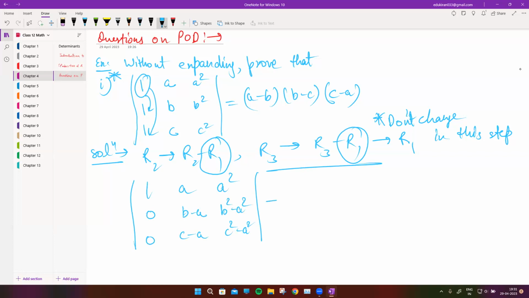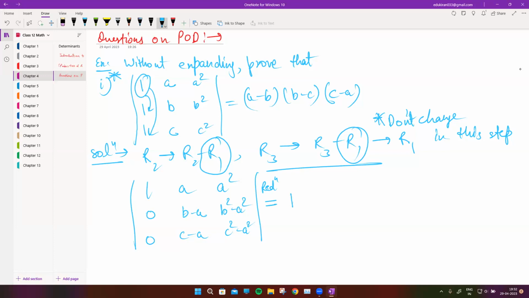I can reduce this determinant as I see that the first column is the required column which I want. This is called reduction. We don't need to write it; I'm just writing it for your convenience. Reduction means take the element, delete its row and delete its column, but only if the element belongs to the first row and first column.